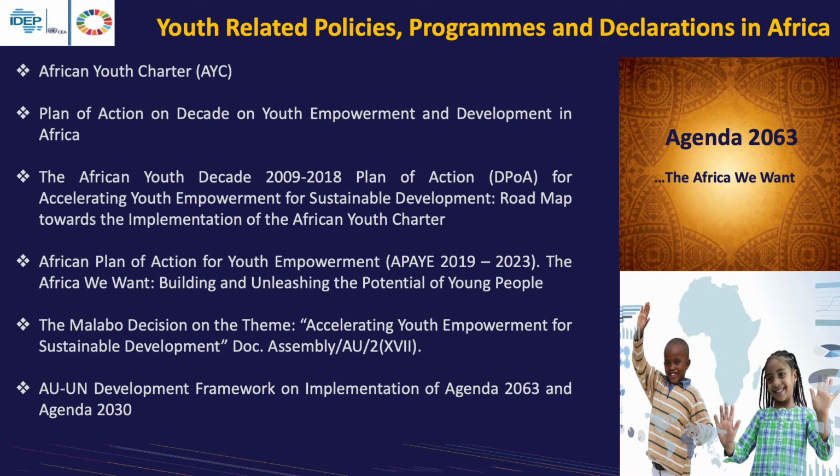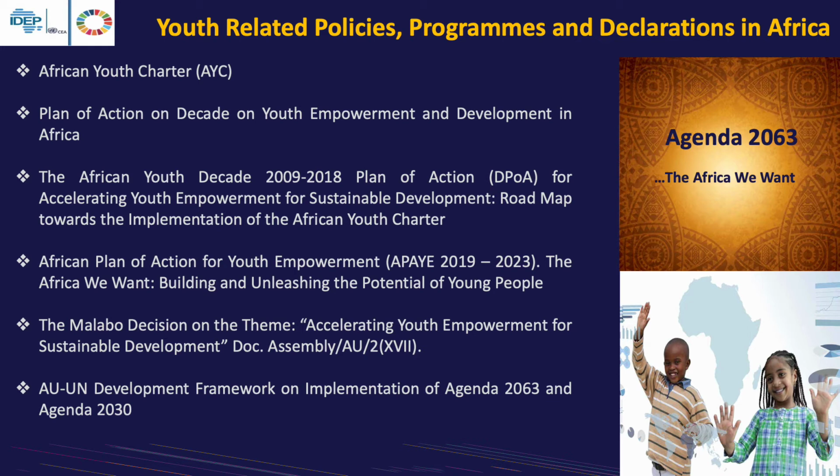This particular framework, APAE, is really very important, and I would enjoin learners to pay particular attention to APAE because it's still ongoing in terms of its implementation. Also, we explore the provisions of the Malabo decision on the theme, accelerating youth empowerment for sustainable development. And finally, the AU-UN Development Framework on implementation of Agenda 2063 and Agenda 2030.